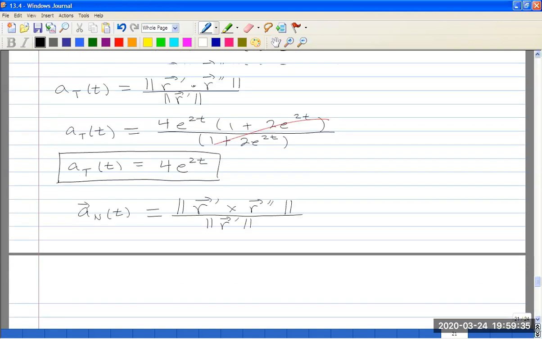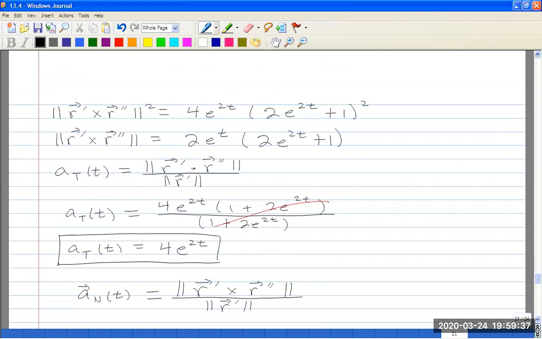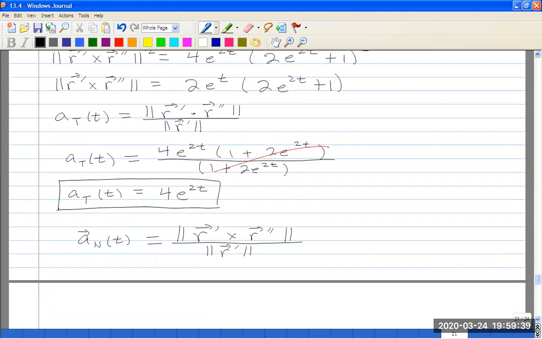Okay, so that was 2. Oh, so it's almost the same thing, except there's a 2 there.